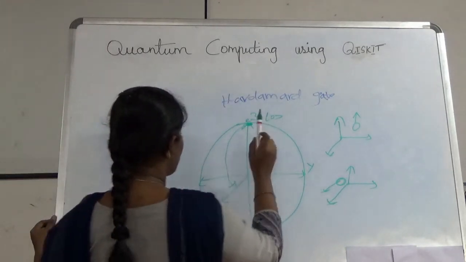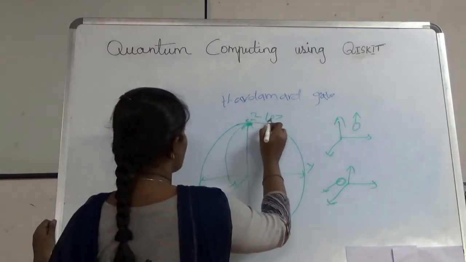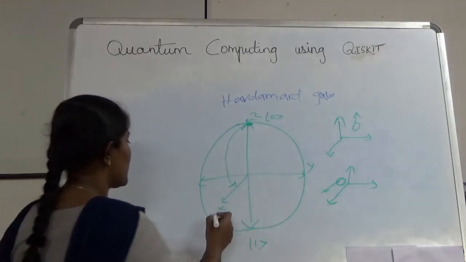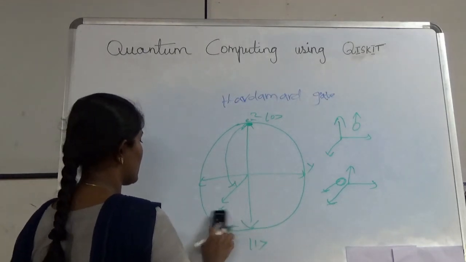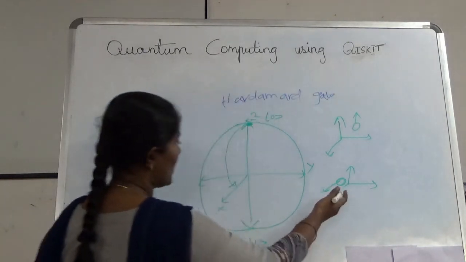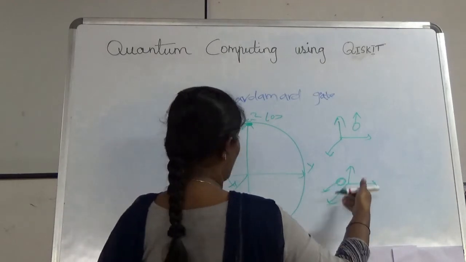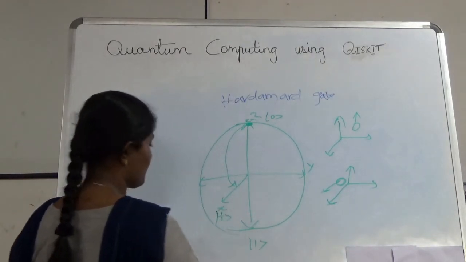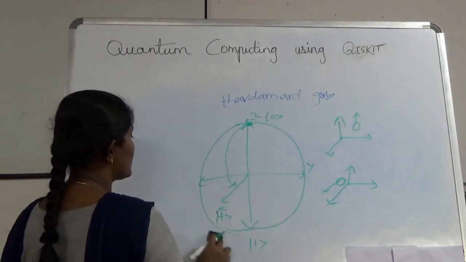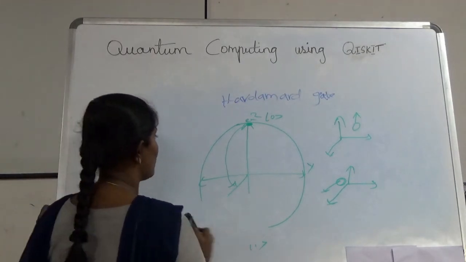So here the electron is in 0 position, which goes to the plus. That is, if the position of the electron coincides with the x coordinate, then the electron is said to be in plus, which is a superposition state.